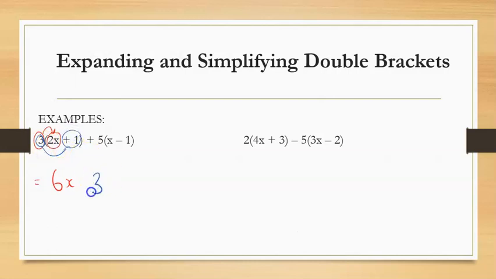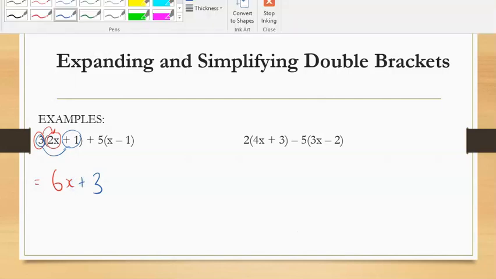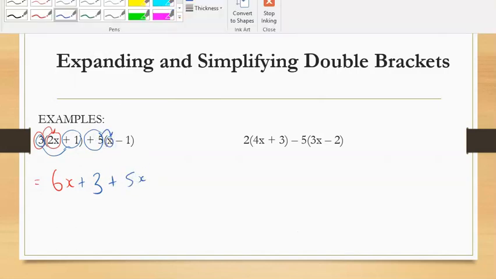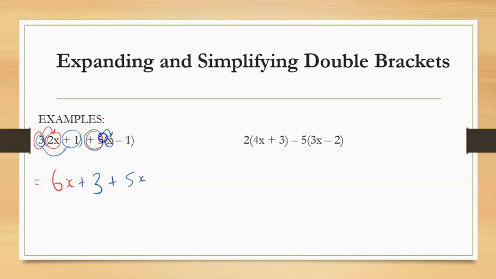So 3 times 1 is 3. 2 positives means it's a positive. Then you've got positive 5 multiplied by x, which is positive 5x. And positive 5 multiplied by negative 1. So 5 times 1 is 5. The signs are different, so the answer is negative.